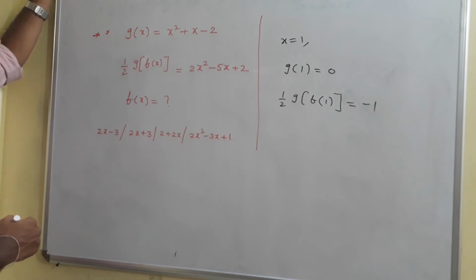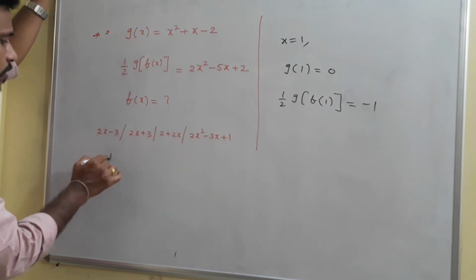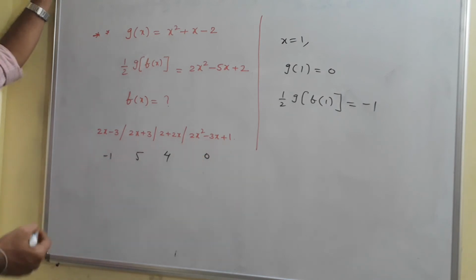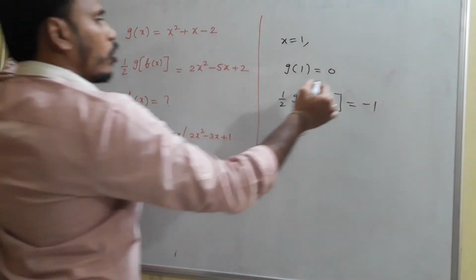If x is equal to 1, 2 minus 3 minus 1, this is 5, this is 4, this is 0. g of 1 is 0. g of 1 is 0, right?